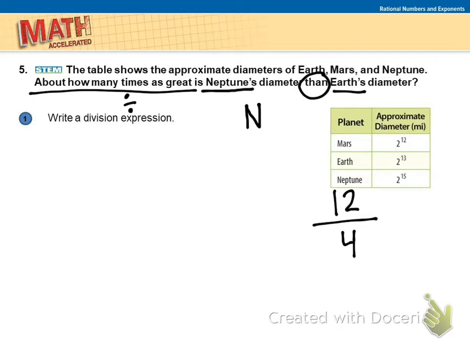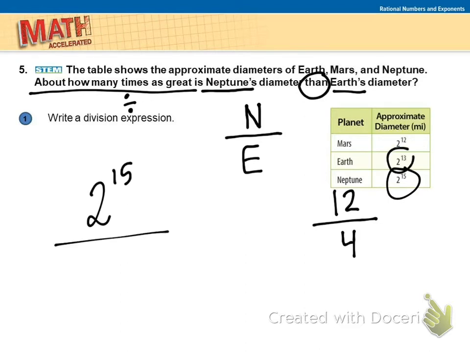What do y'all think? Do y'all think it's going to be Neptune divided by Earth, right? Because it tells us Neptune, then tells us we're dividing. Earth should be on the denominator. Okay? So what is Neptune? All right, and what is Earth? All right, what do we do when we're dividing? We subtract their exponents, right? And we're going to get what?